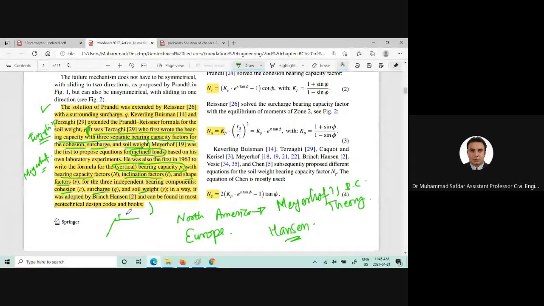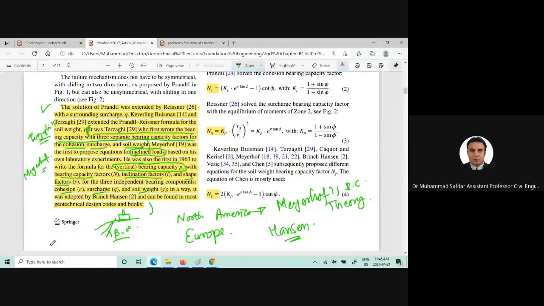So, for sloping ground, if you want to build a foundation on top of a sloping ground, that slope is known as beta. For that case, how is it going to affect the bearing capacity?